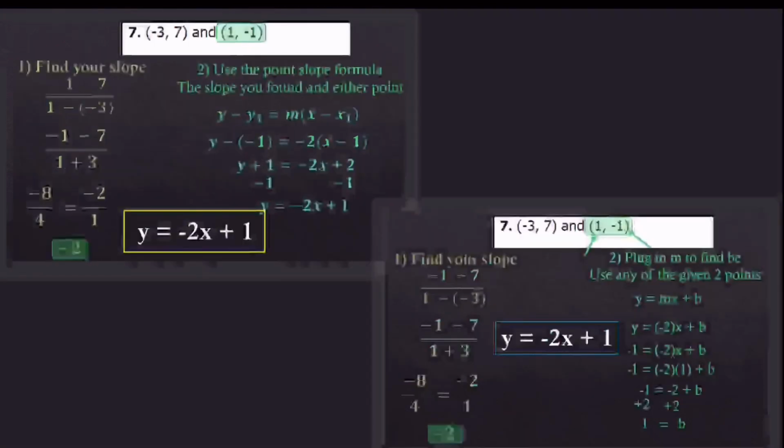Put these side by side. While the steps are different, it resulted in the same equation. It doesn't matter which method you choose. But whatever method you choose, I suggest pick it and stick with it so that you can perfect it. So let's try this one.